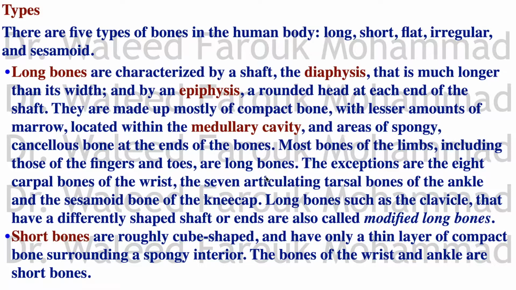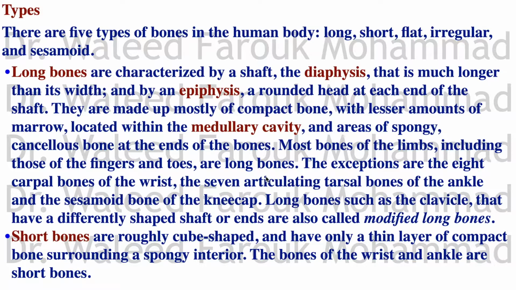Now, most bones of the limbs, including those of the fingers and toes, as I told you, are long bones. Don't confuse that. Don't consider the lengthwise, but consider the shape-wise.